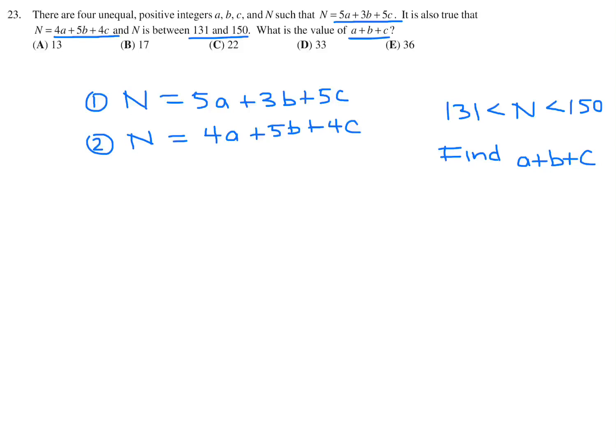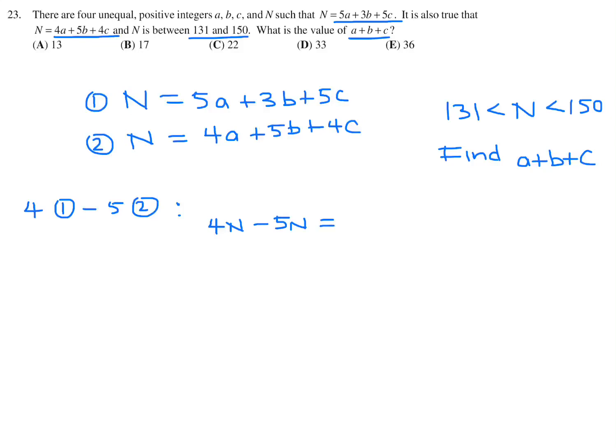So I'm going to try to see if I can eliminate anything to solve for something. And I believe if I do 4 times 1 minus 5 times 2, I think that's going to help me. So on the left side, I'll have 4n minus 5n.